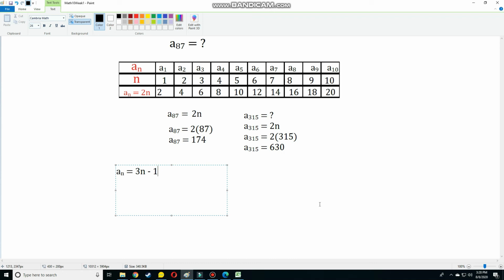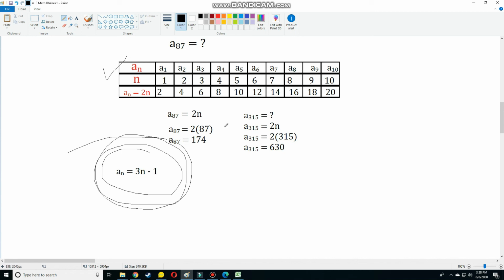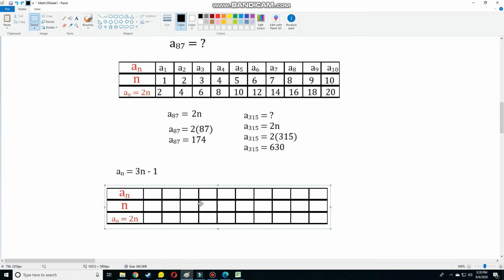Using this mathematical rule, how would we generate terms? As easy as doing it like this, the same as with the previous one. So now, let's try to find the first 5 terms.